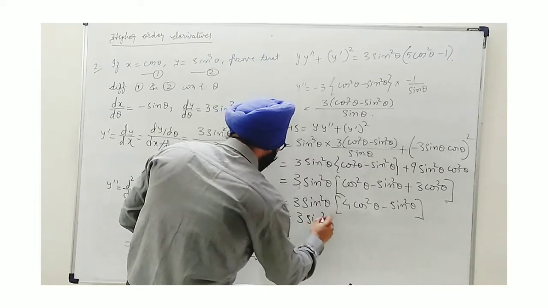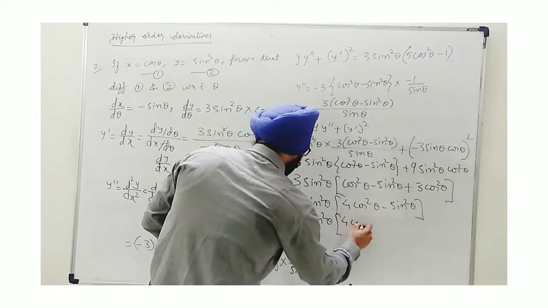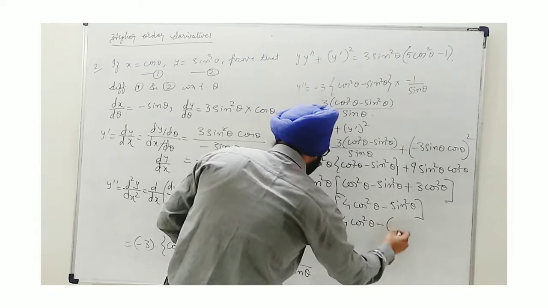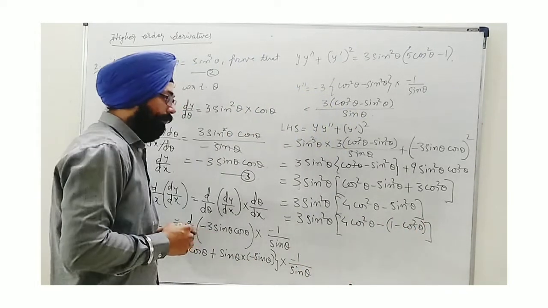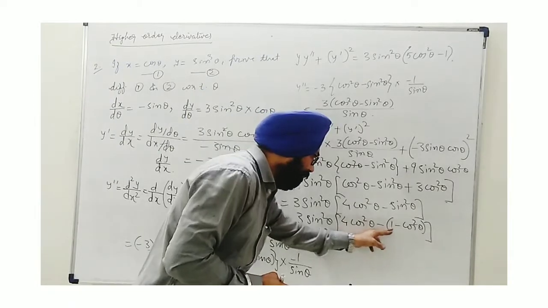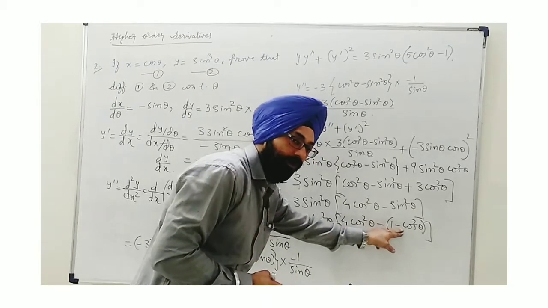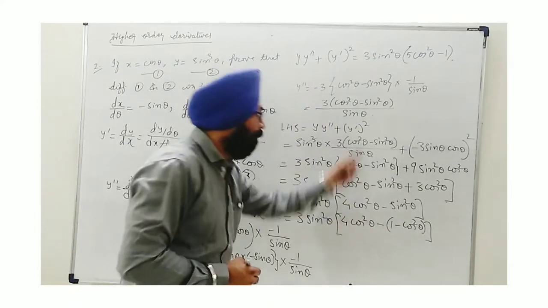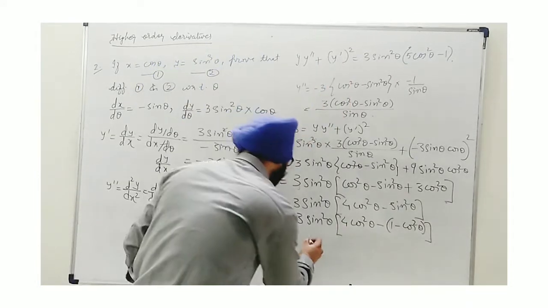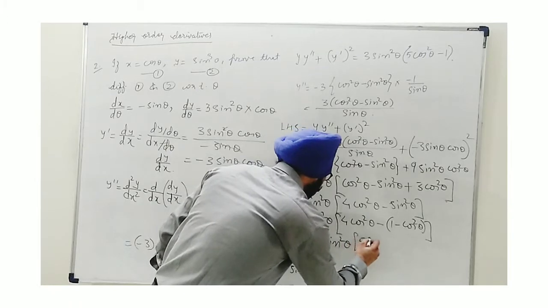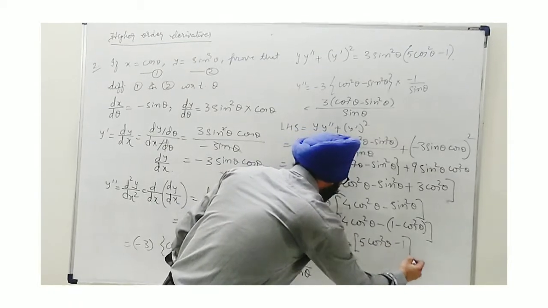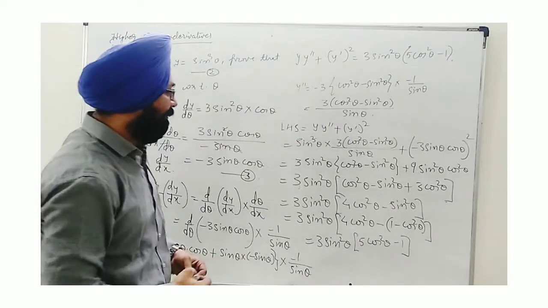Thrice sin square theta, 4 cos square theta, this can be written as 1 minus cos square theta. As soon as I open the bracket, I see it's minus 1. This will become plus cos square theta. Added here becomes 5 cos square theta. So finally we can write this is thrice sin square theta, 5 cos square theta minus 1. This is the RHS required.